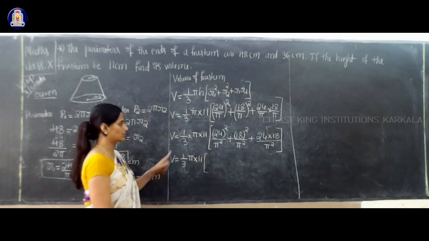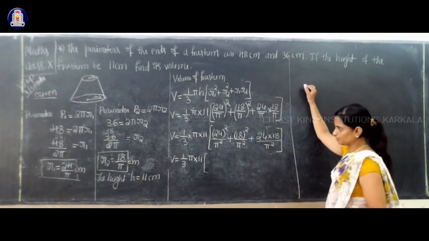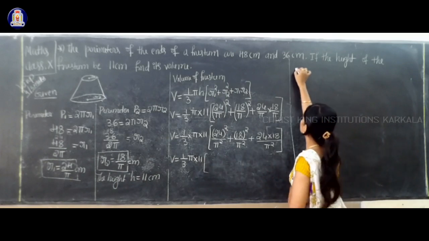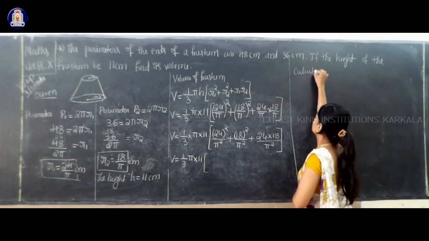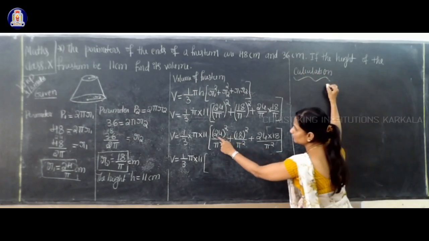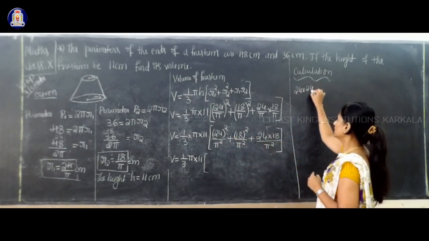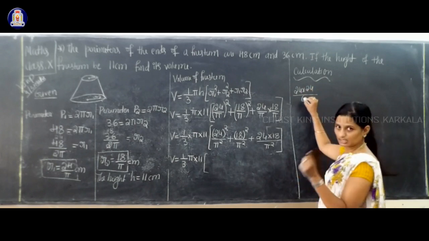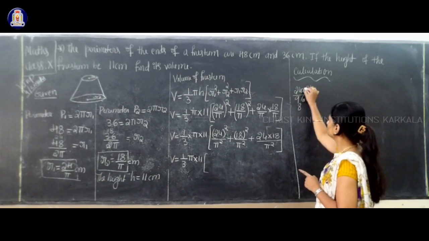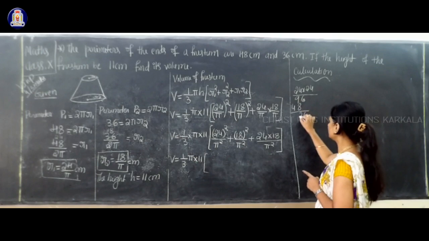Yes. Now simplification. I do the calculation part here. First I need 24 square. Already you know 24 into 24, right? 4 4s are 16, 1 remainder, 4 2s are 8, 9, 2 4s are 8, 2 2s are 4.